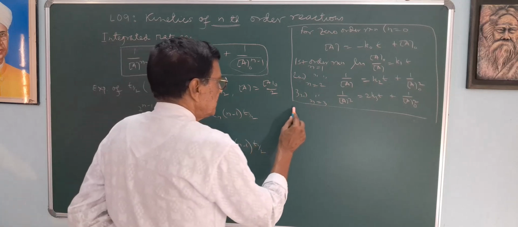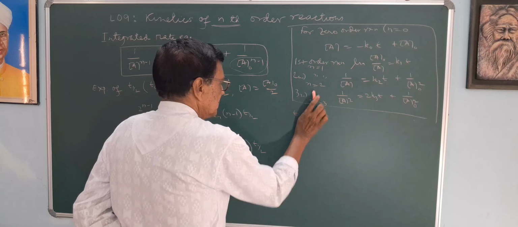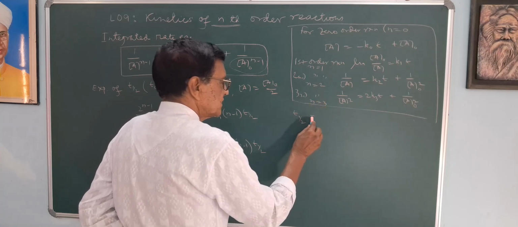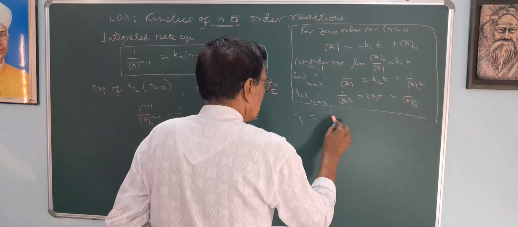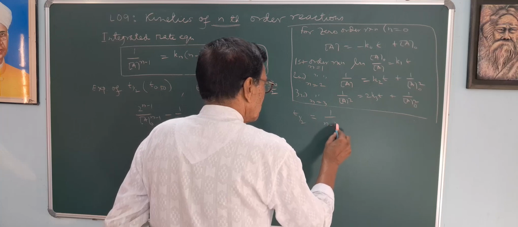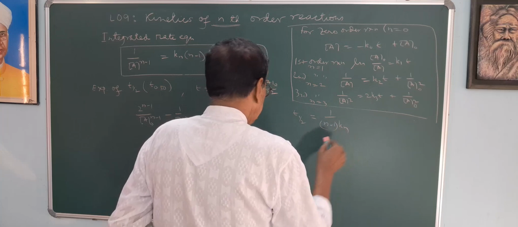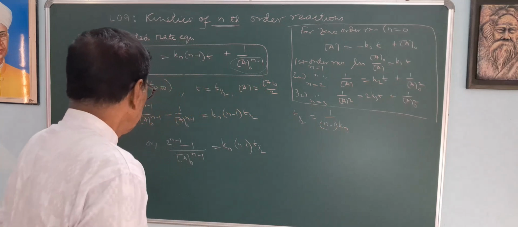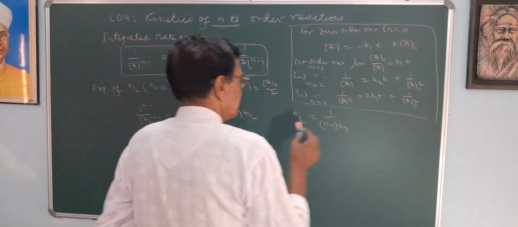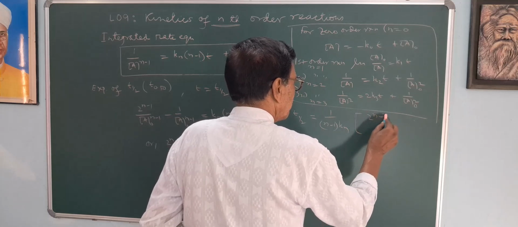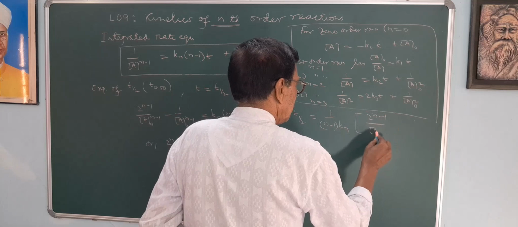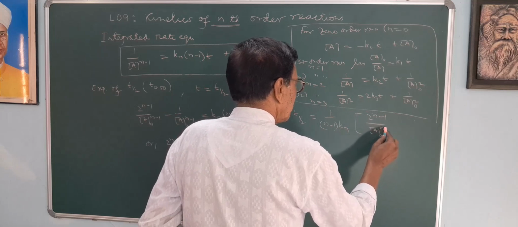So t half equals, you can summarize here, 1 by (n minus 1) Kn, and (2 to the power n minus 1 minus 1) divided by A0 to the power n minus 1.